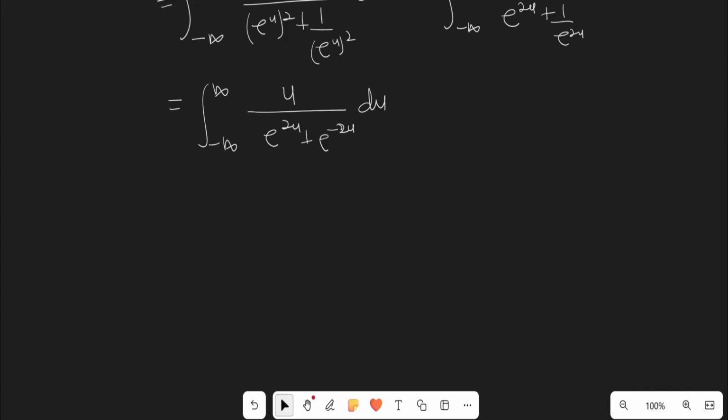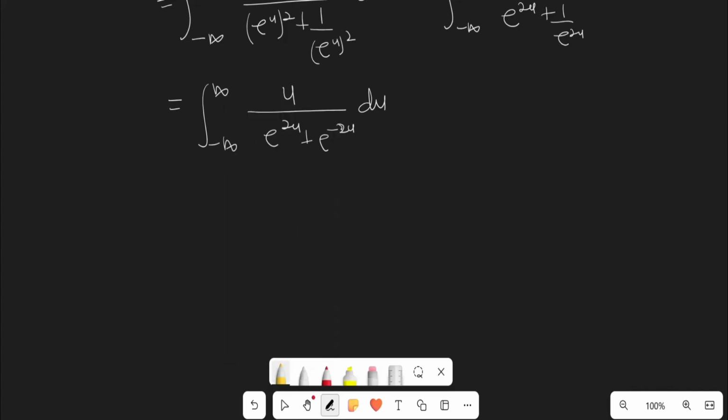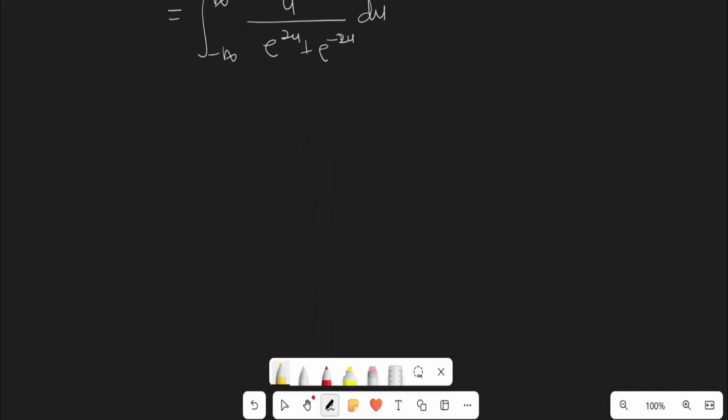With this one, whenever we have an integral from negative a to positive a of f of x, this is always equal to 0 when f of x is an odd function.